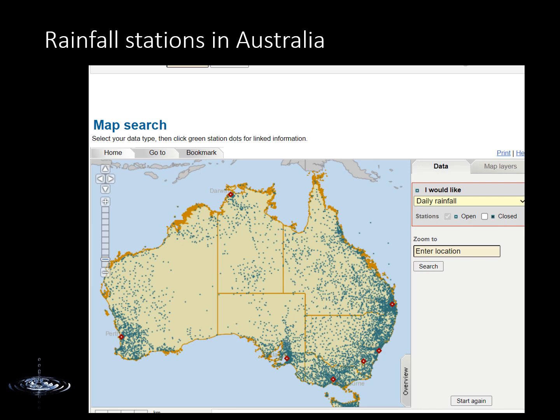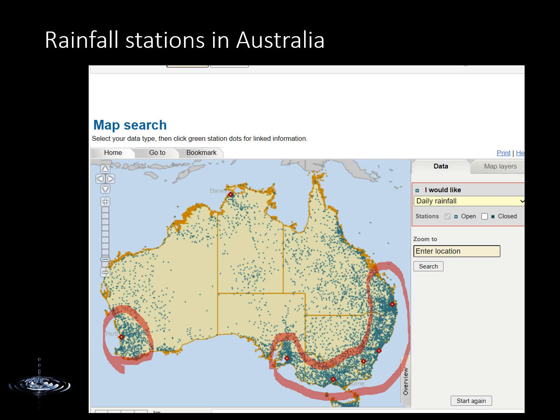Now, how many stations do we have in Australia? We can see there are so many stations around the country, and you can see where the population is higher. We have a larger concentration of rainfall stations on the east coast, a little bit on the west coast, and also some in the north.